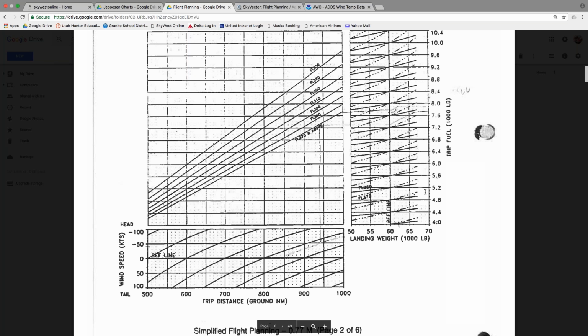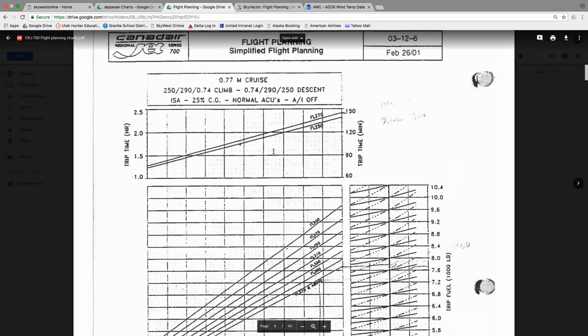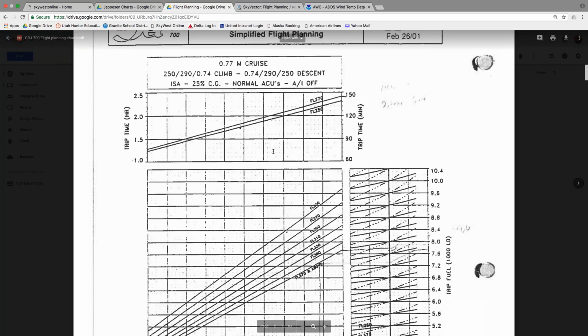Is everybody good? So what is the 5.2? If you look on the right side of this, it says trip fuel in thousands of pounds. 5.2 times 1,000 is 5,200 pounds. Okay, and that's our simplified fuel burn, yes.